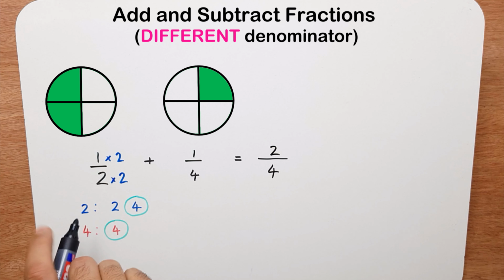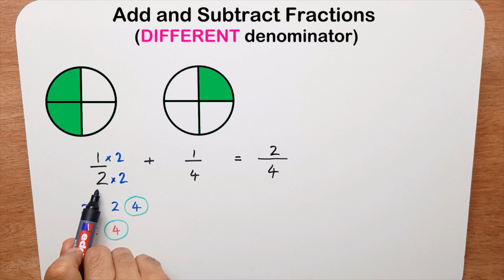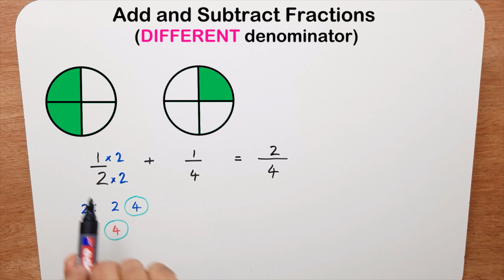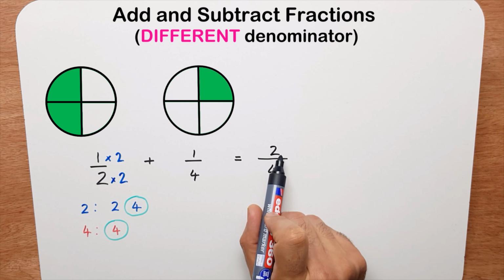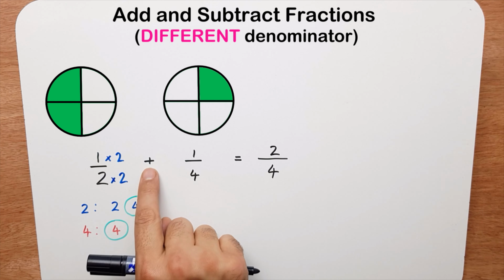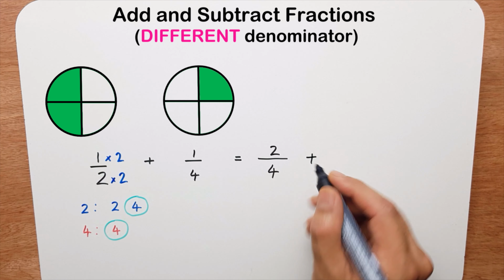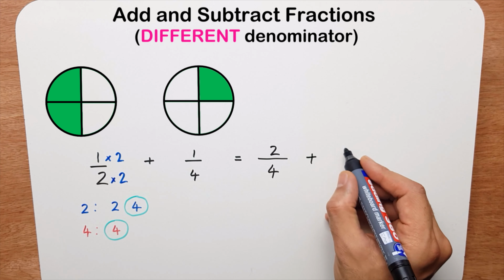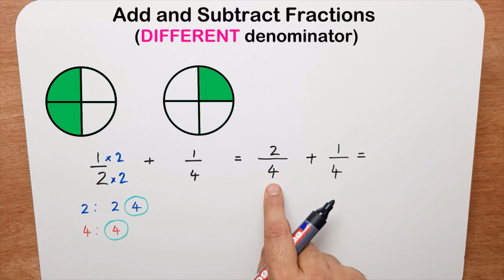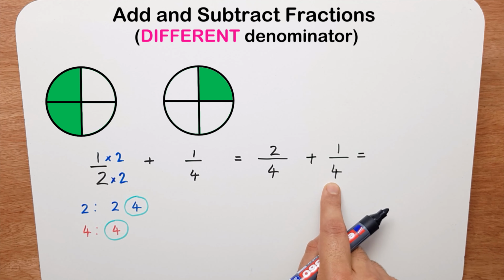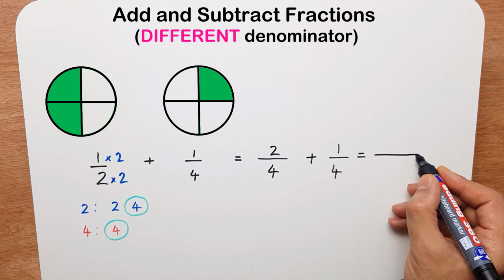So all I've done is I've taken this half and turned it into quarters. So 1/2 is equivalent or the same as 2 quarters. I put the plus sign here, and this fraction I simply put here next to it. Now it's easy because the denominators are both the same. So I put my fraction line.